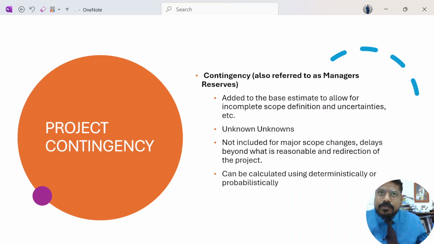Now the release of this 20 CR will be at the discretion of management.